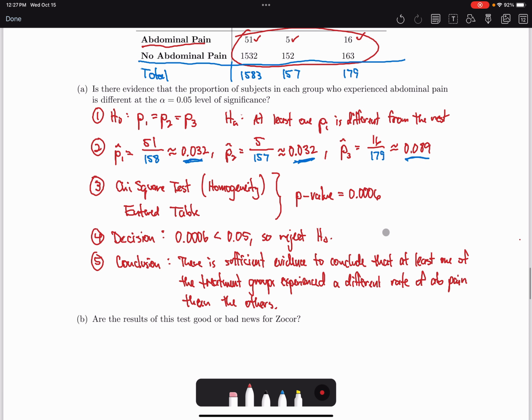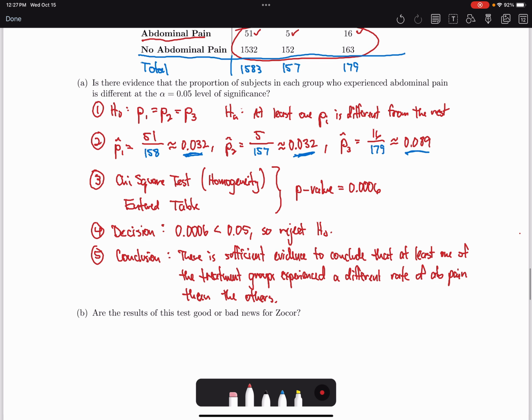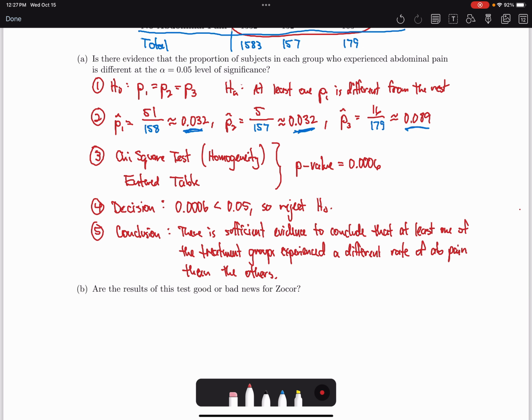Okay, so part B asks, are the results of this test good news or bad news for Zocor? And I would say the results are good news.